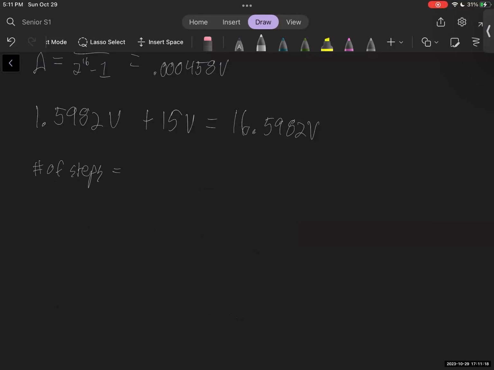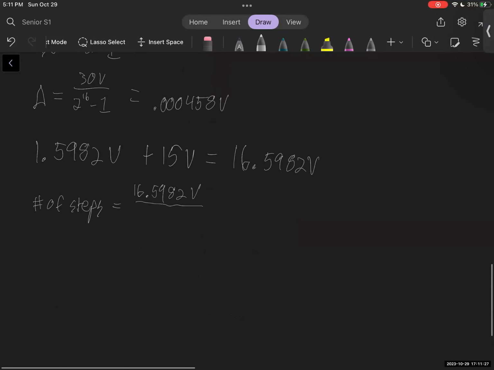That's just going to be our shifted input signal divided by our step size, which we calculated up here. That's going to give us 36,240.6 steps.